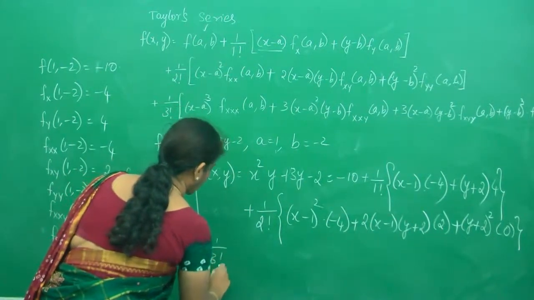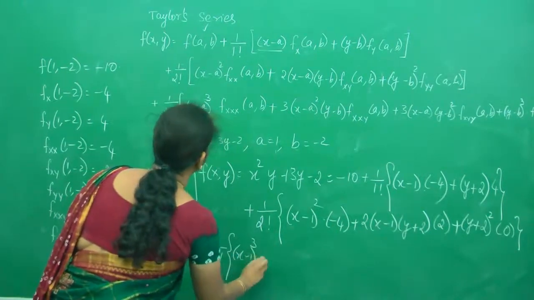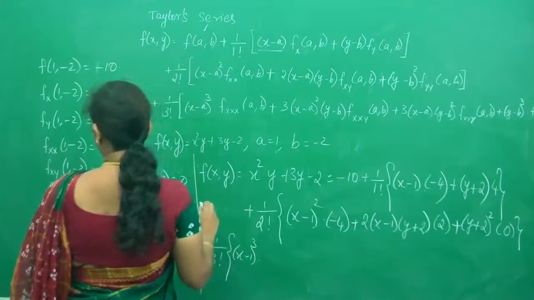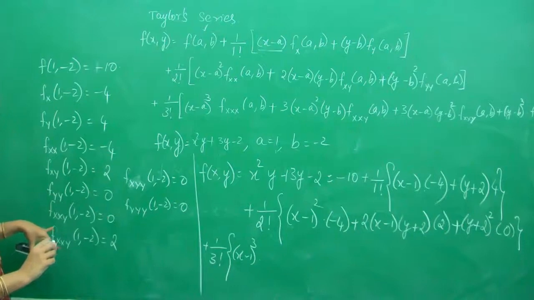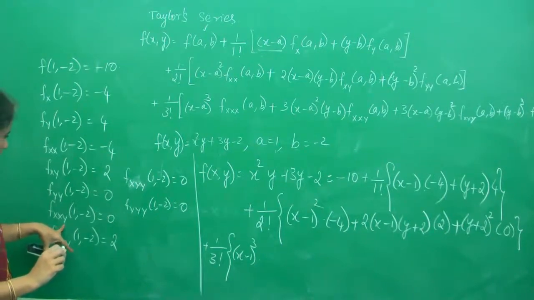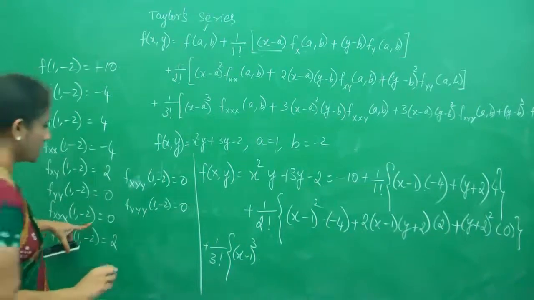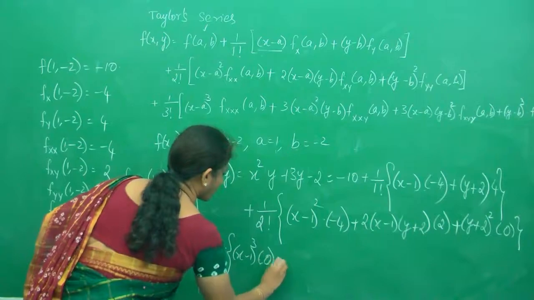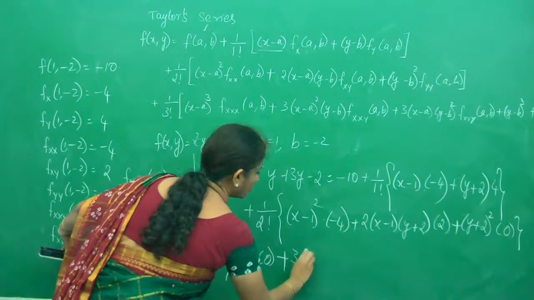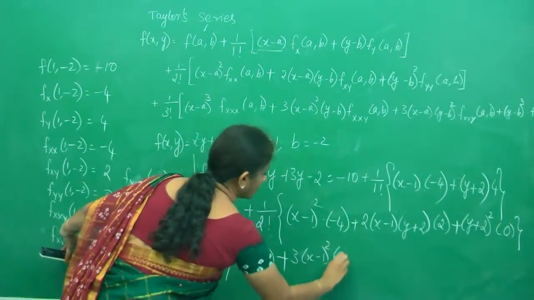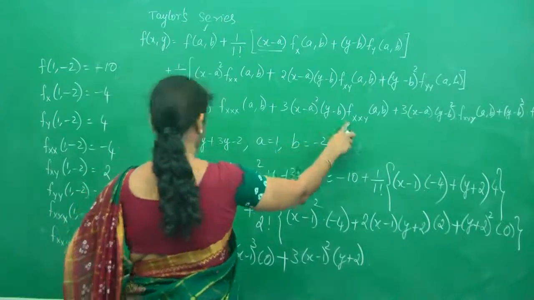Plus 1 by 3 factorial into x minus 1 the whole cube. F triple x is it should be 0. I think this is f triple x. I have written it as y. Just change it. F triple x is 0. Plus 3 into x minus 1 the whole square into y plus 2 into fxxy, which is 2.